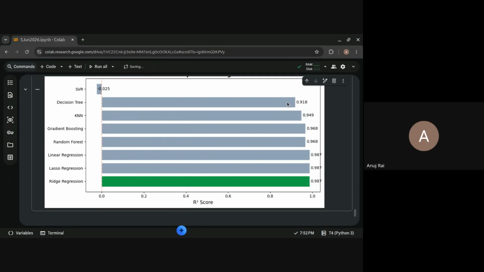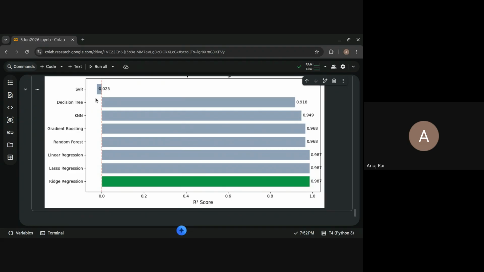So there are different kinds of algorithms out there, and this is not a hard and fast rule that our model is going to behave in this way. It totally depends on the data set you have, and what the correlation is between the data point variables.